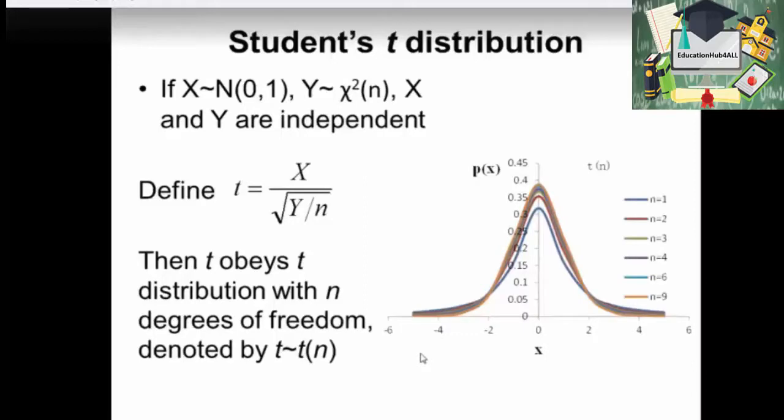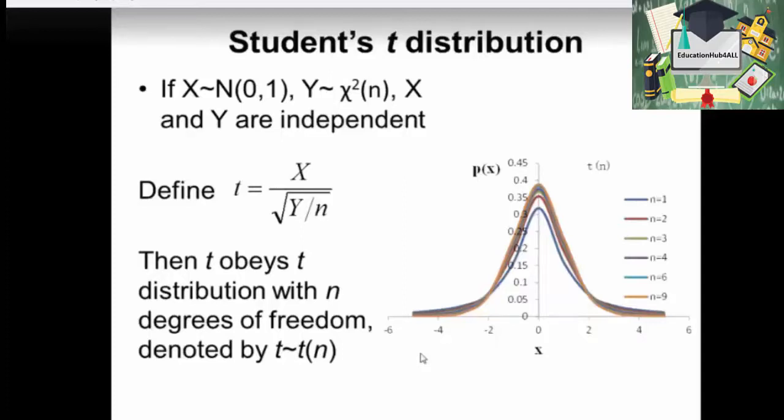Okay, the T distribution. So what is the T distribution? The T distribution is actually a ratio. This is the numerator, right? And this is the denominator.